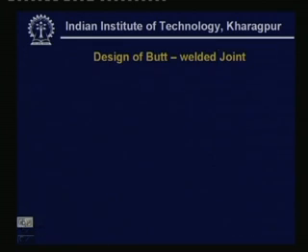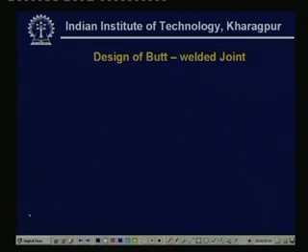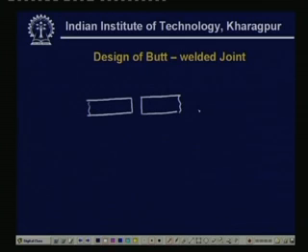Now let us come to the design of butt welded joint for static loading. Here, if you remember, in a butt welded joint there are two metal pieces which are to be connected by means of welding.